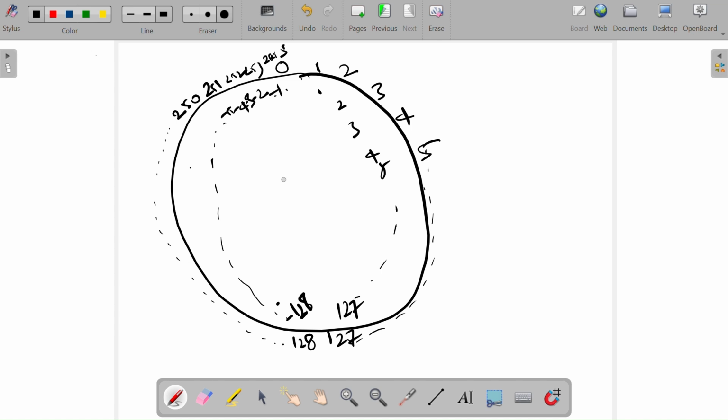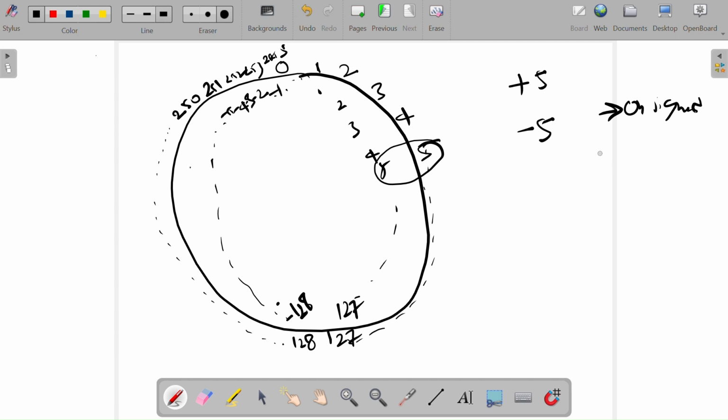Previously I took +5, same for both, but now I take the value -5 for unsigned.